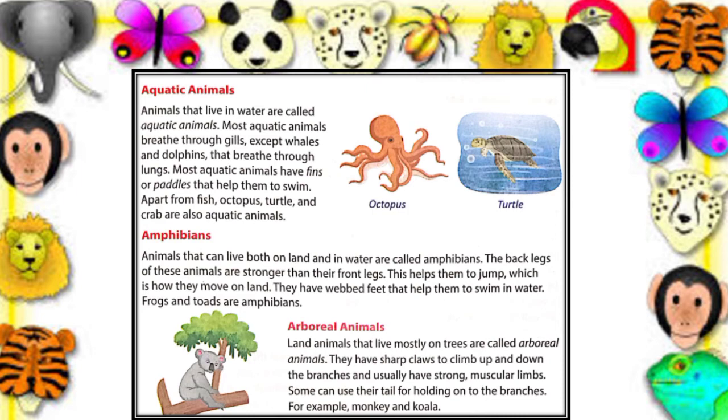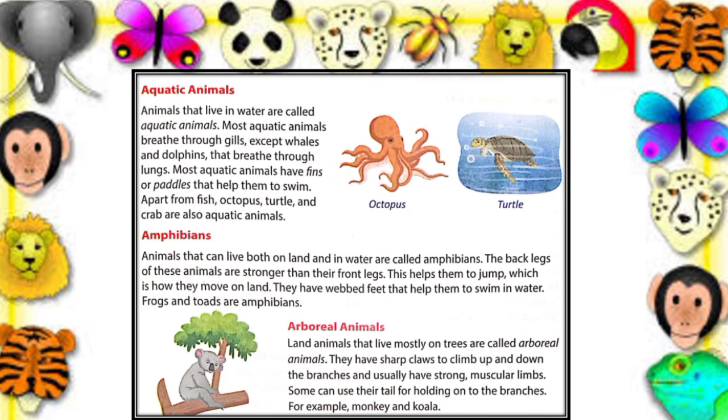Now let's understand about features of arboreal animals. So an arboreal habitat is a home for organisms that live in trees, which provide them food, shelter and other conditions so that they can live.